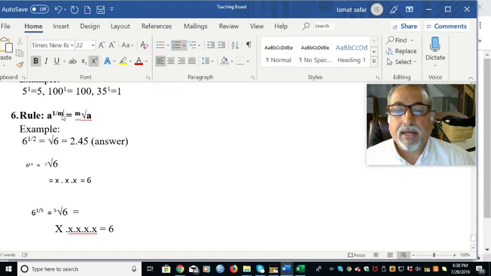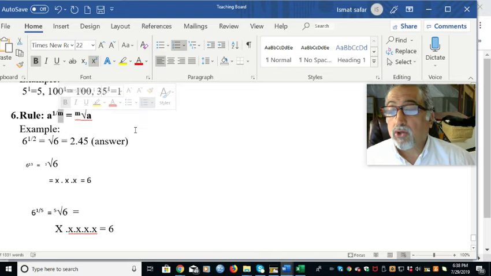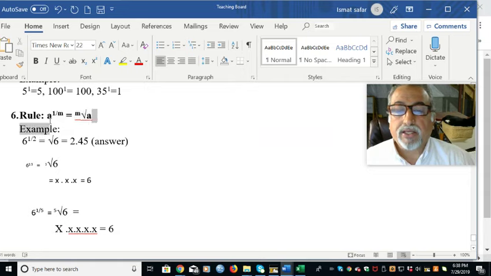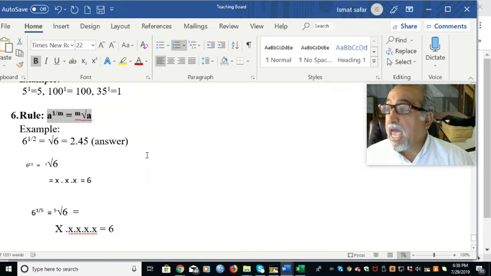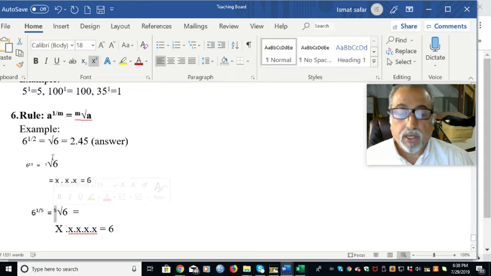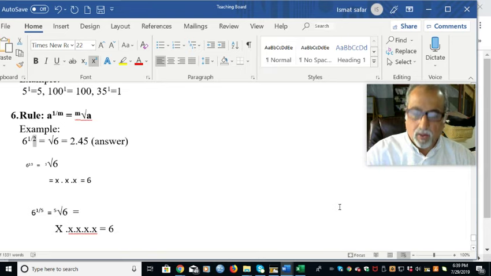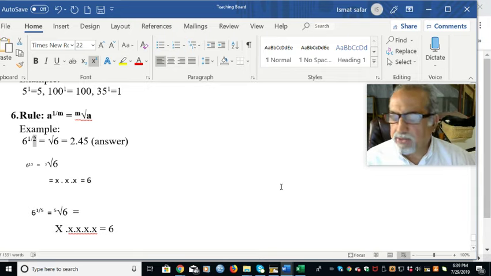Here, it could be 2, 10, 6, 5, or 3. So the rule is: a to the exponent 1 over m equals the mth root of a. By mth, I mean the fifth root, the third root, the second root, which means a number that you multiply by itself that many times: itself twice, or itself 3 times, or itself 5 times.